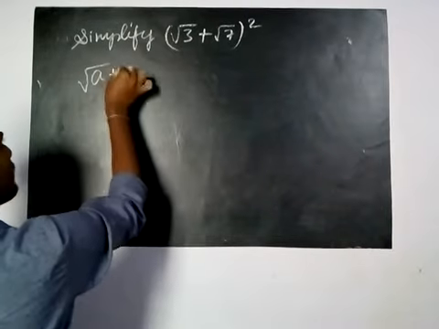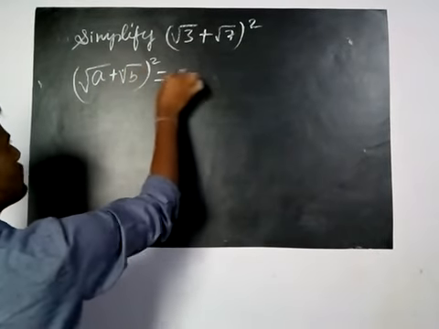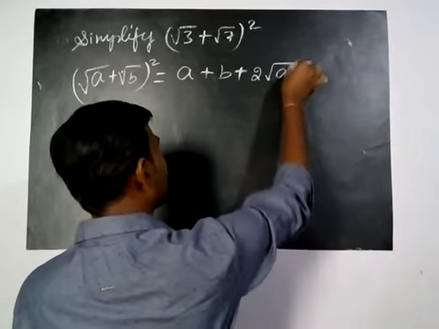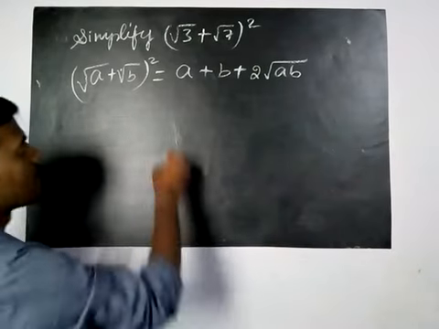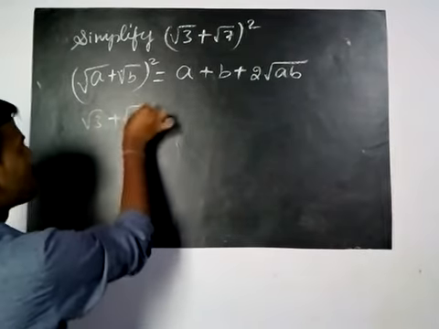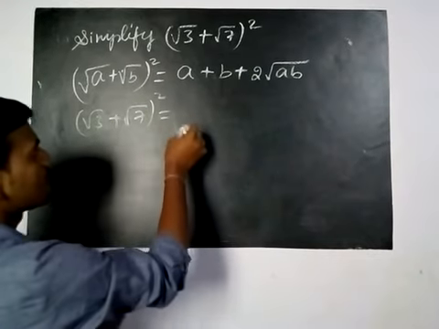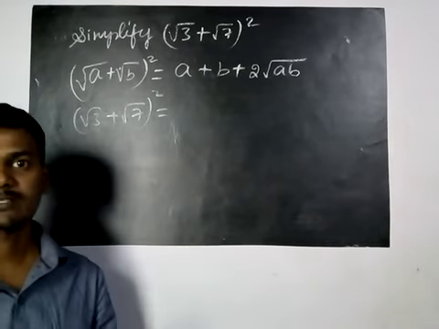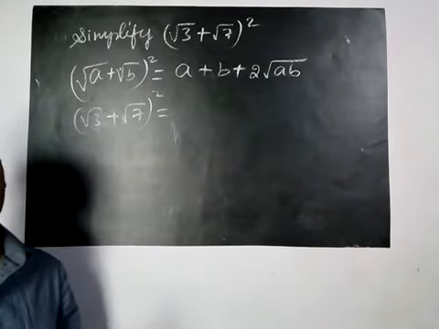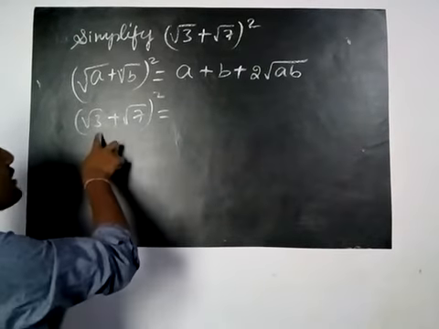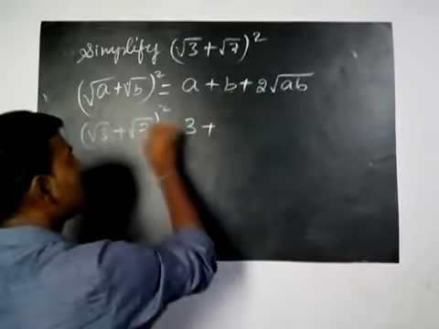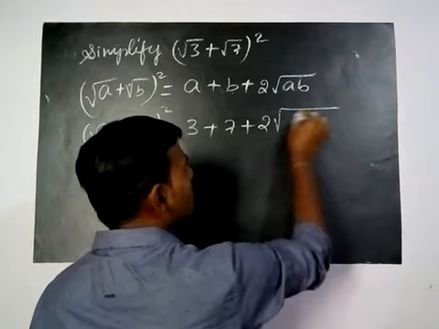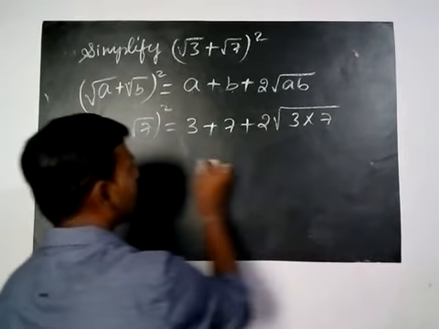Root a plus root b whole square is equal to a plus b plus 2 times the root ab. Okay, apply that. Root 3 plus root 7 whole square is equal to a plus b, where a is 3 only and b is 7 only, plus 2 into root of a times b, a is 3 and b is 7.